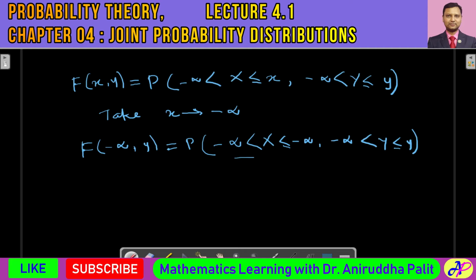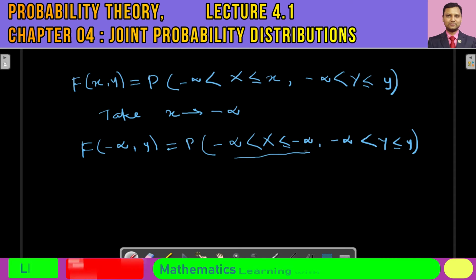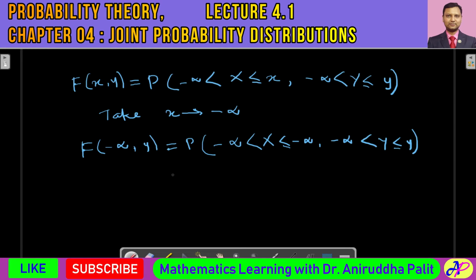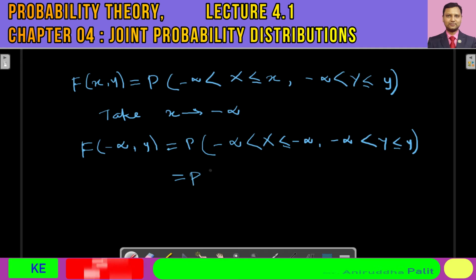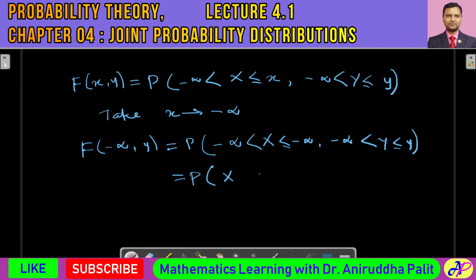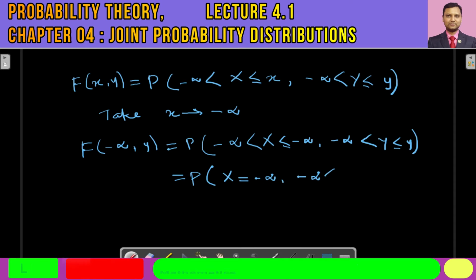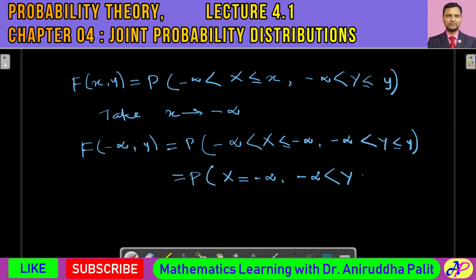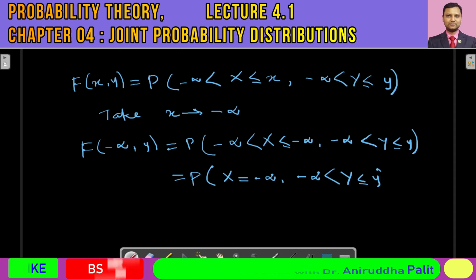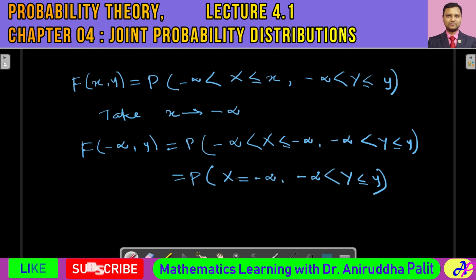But you see, this zone is actually, what does it mean? It means that we should say probability X is equal to minus infinity, and the second part will remain the same, minus infinity less than Y less than or equal to small y. But X is a random variable.